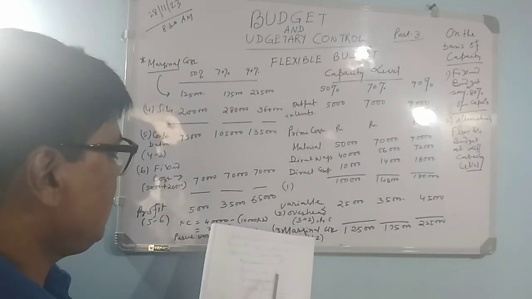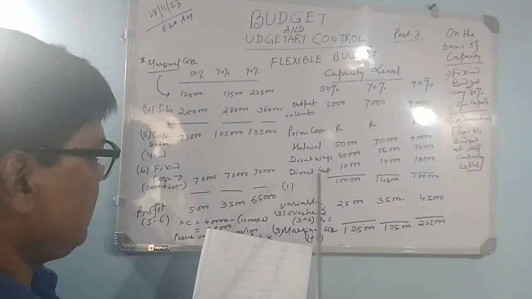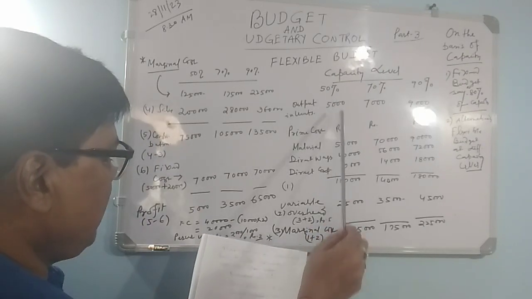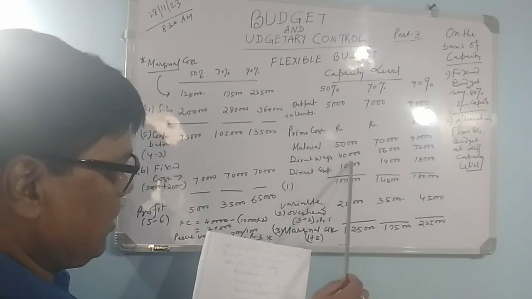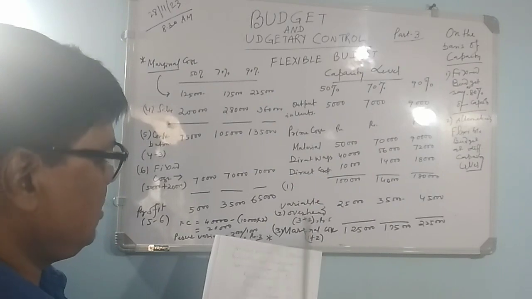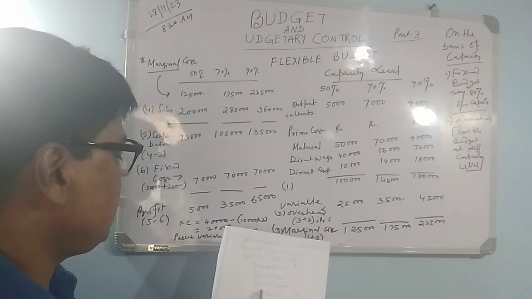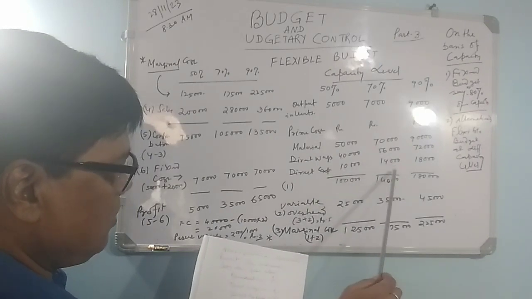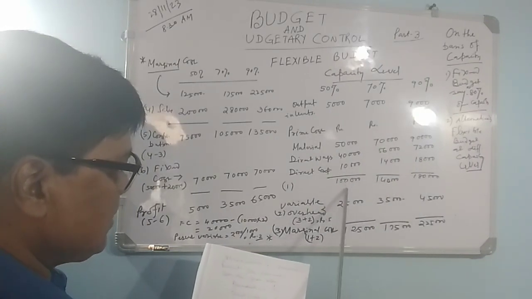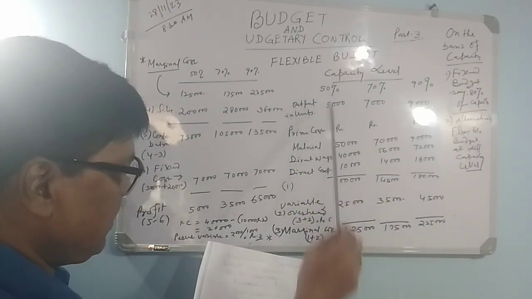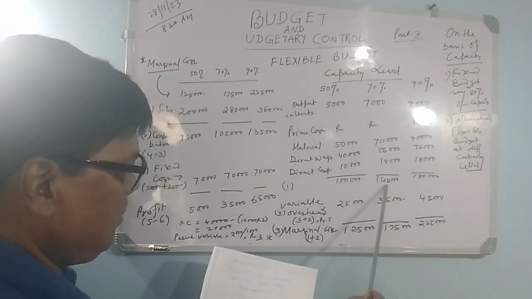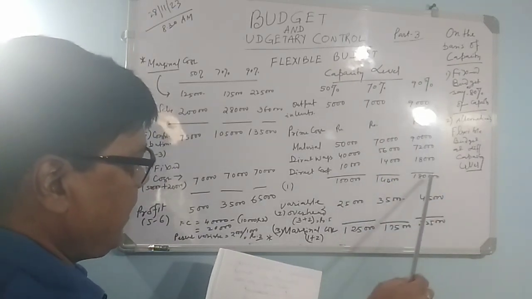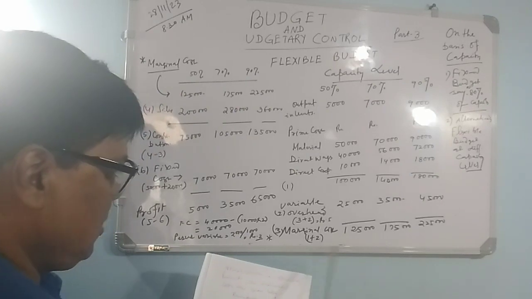Direct wages at 8 per unit: 40,000, 56,000, 72,000. Direct expenses at 2 per unit: 10,000, 14,000, 18,000. So the total comes to 1 lakh for the 50% level, 1,40,000 for 70%, and 1,80,000 for 90%.